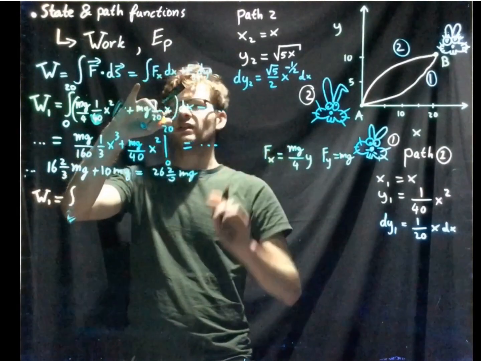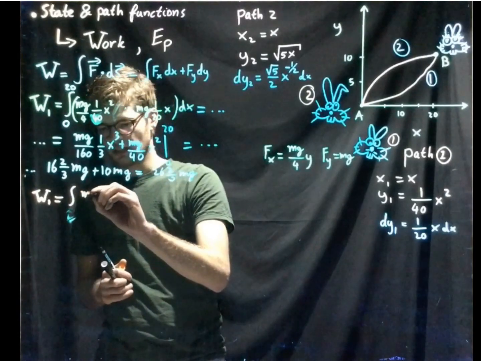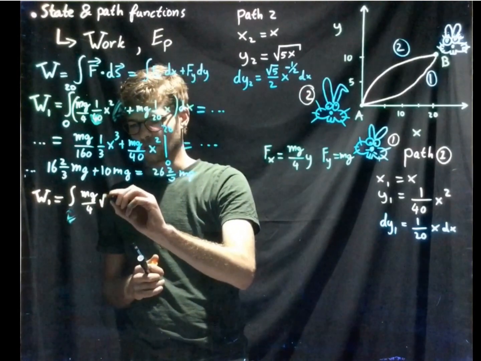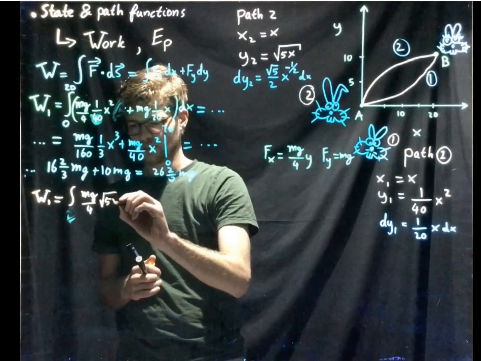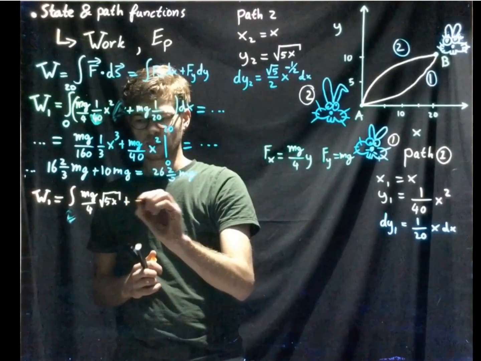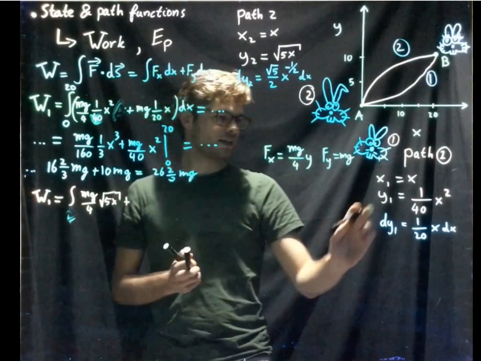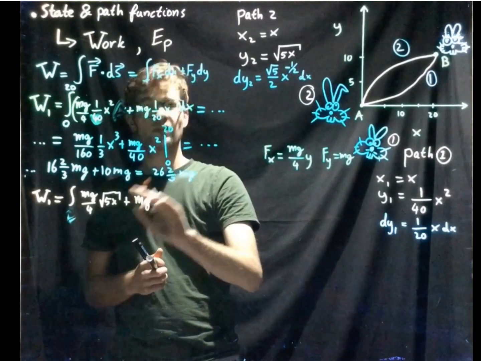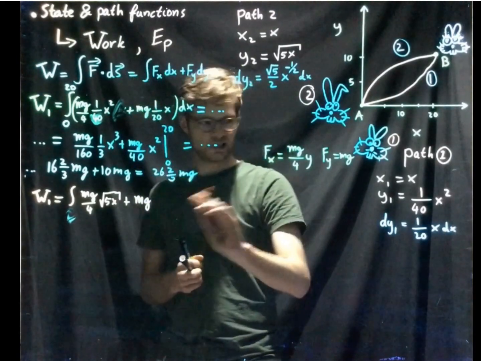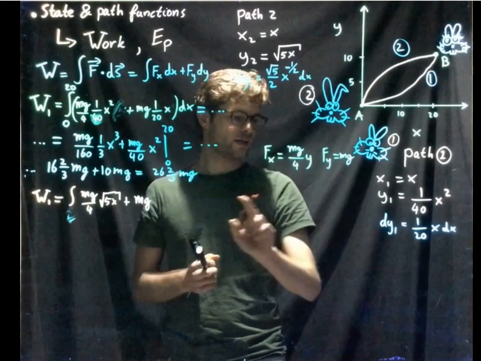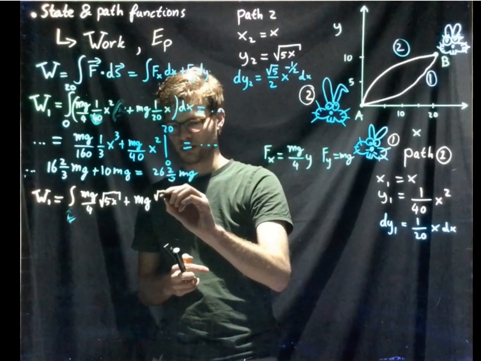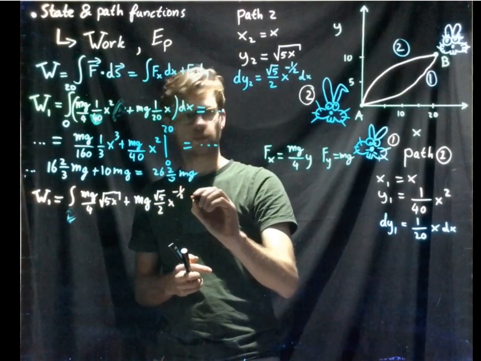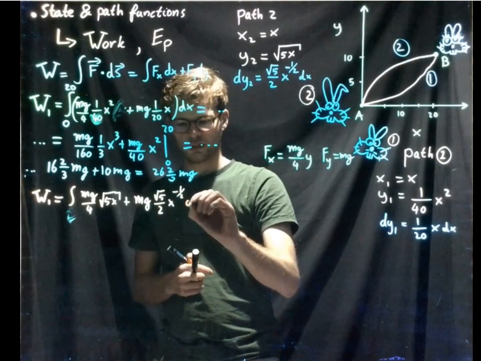For rabbit 2, Fx is mg over 4 times y, where y is the square root of 5x, plus Fy, and Fy is mg, and the dy of the second rabbit is square root of 5 divided by 2 times x to the power minus a half dx.